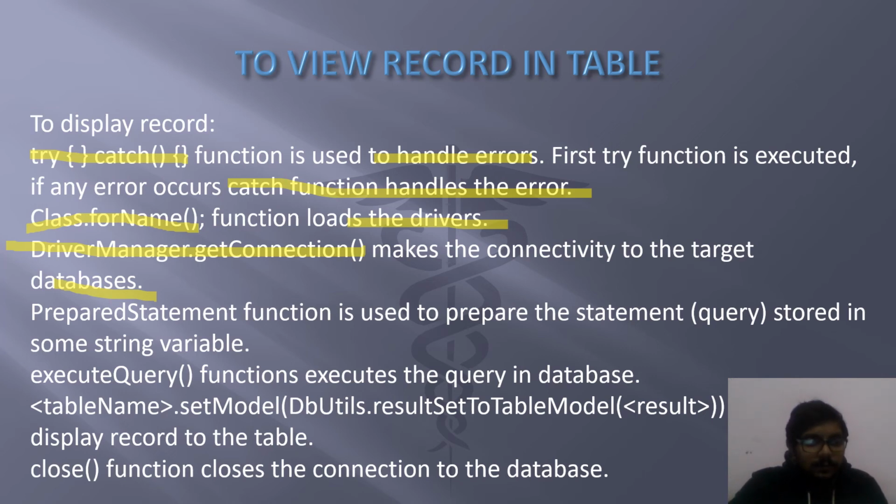It is modeled in the format: the table name which I want to access, dot setModel, DbUtils dot resultSetToTableModel, result set to table model, to display the records in the table. The close function closes the connectivity to the database.